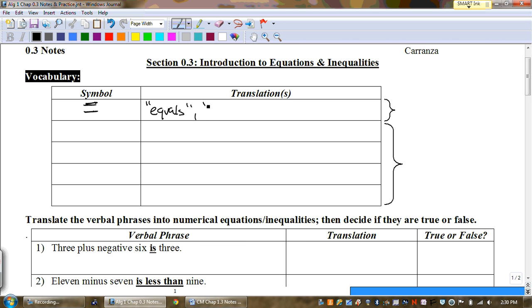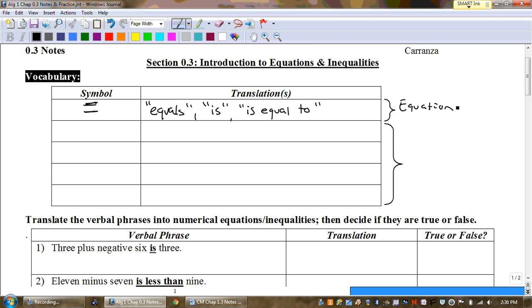You see the word is, or the last one, it could be is equal to. And all of those, when you see that, that means that you are working with an equation. Anytime you see those words, we're going to be doing an equation.